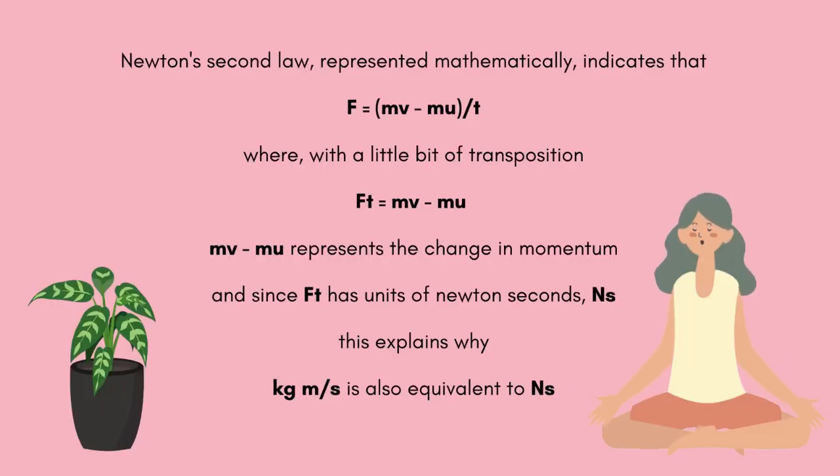Newton's second law, represented mathematically, indicates that F is equal to (mv minus mu) divided by t, where, with a little bit of transposition, Ft is equal to mv minus mu. mv minus mu represents a change in momentum, and since Ft has units of newton seconds, this explains why kilogram meters per second is also equivalent to newton seconds.